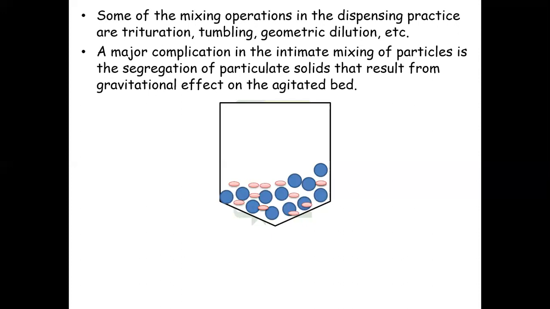So in segregation, what happens? The smaller particles fall down or occupy the lower space, and the larger particles occupy the upper space. Segregation is a major problem in case of pharmaceutical products, because for most pharmaceutical products, the filling process or the operation process occurs by volumetric filling. So it is a major concern.